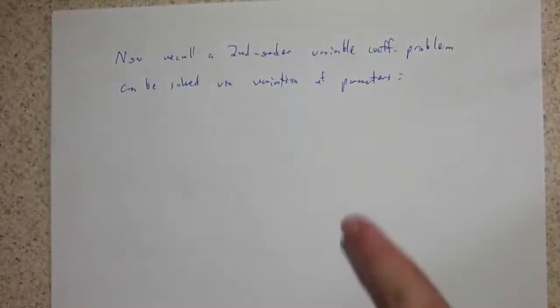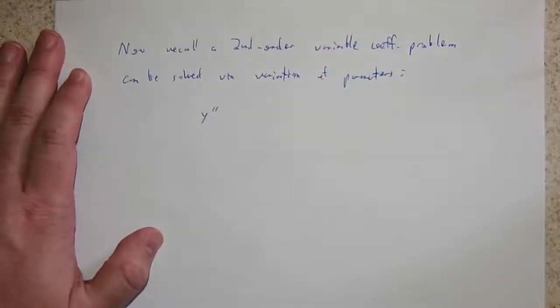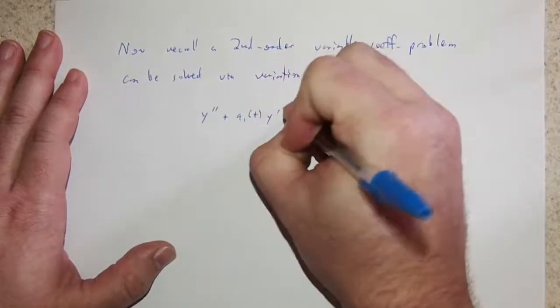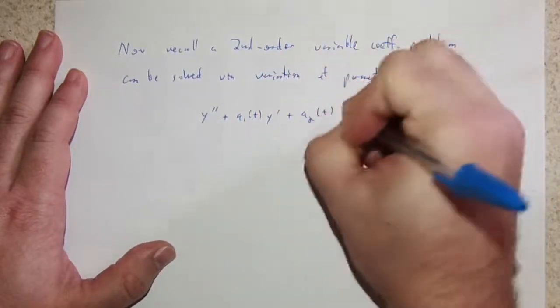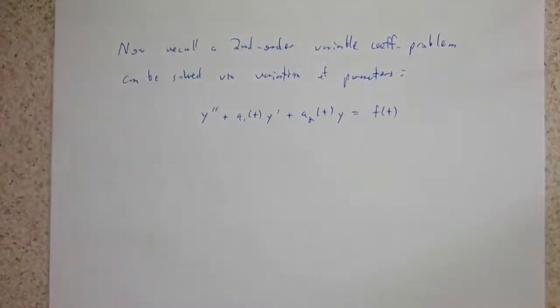So what does such a problem look like? Let's say we have y double prime plus a1 of t y prime plus a2 of t y is equal to f of t. There's our problem.